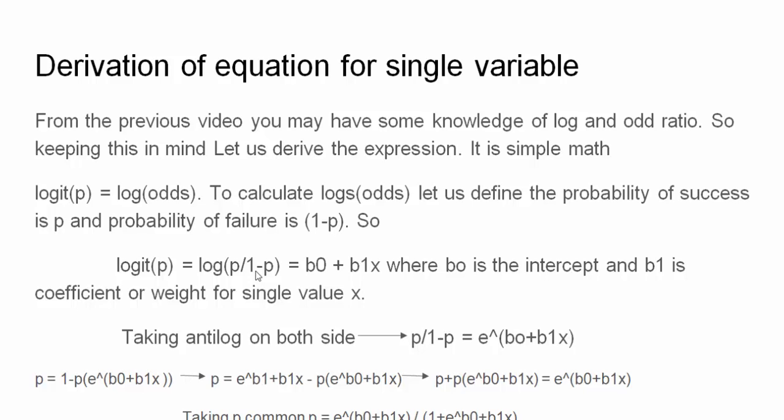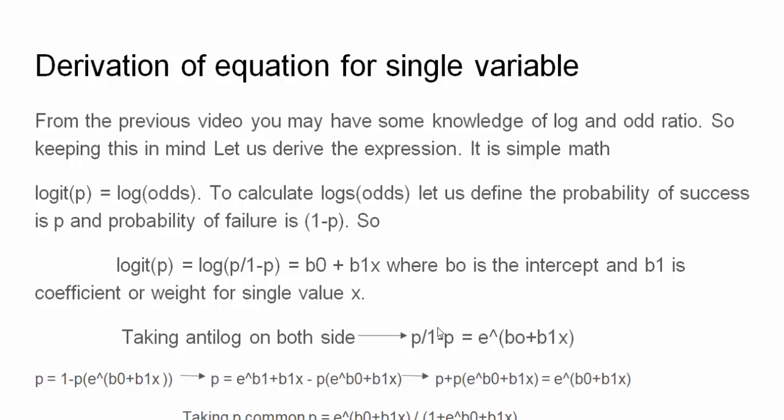If P is the probability of success, the probability of failure is 1 minus P. It is equal to B0 plus B1x. This is a linear relationship. If you go to the equation of a straight line, y is equal to mx plus c. So B0 is the intercept and B1 is the coefficient or the weight for a single value x.